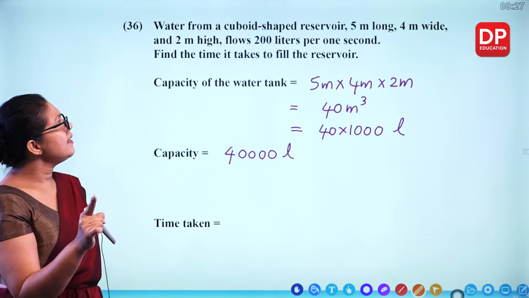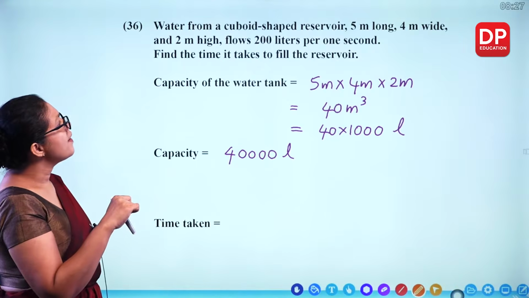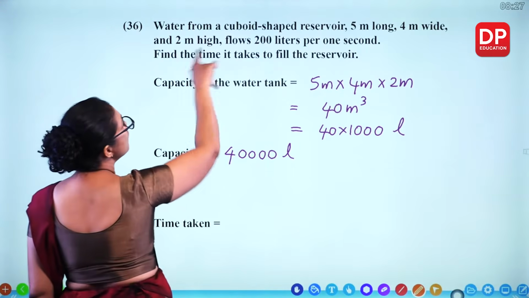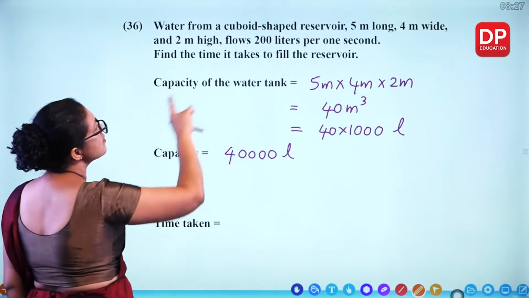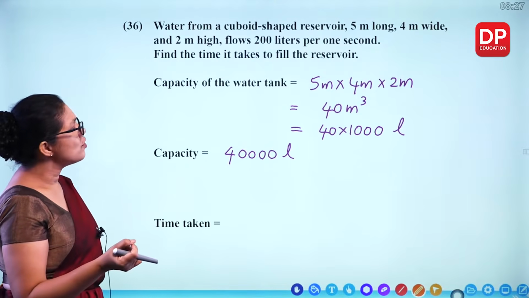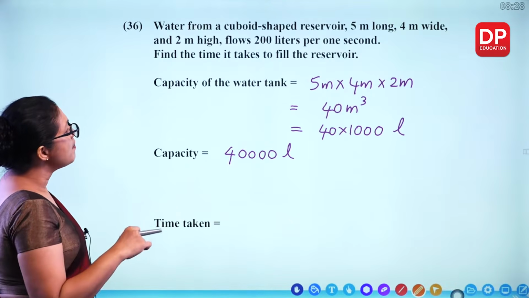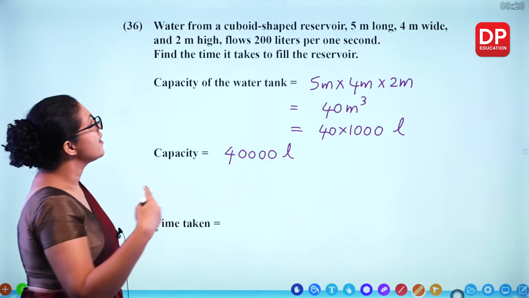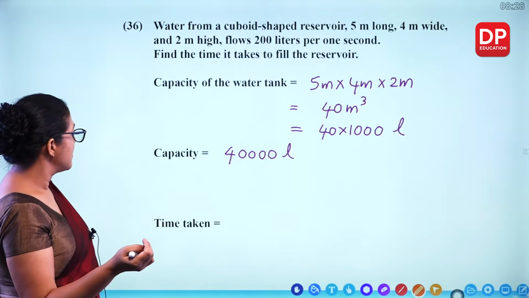Now, within 1 second, 200 liters flows from that. So that means you have to divide by 200 to find out how many seconds are there.